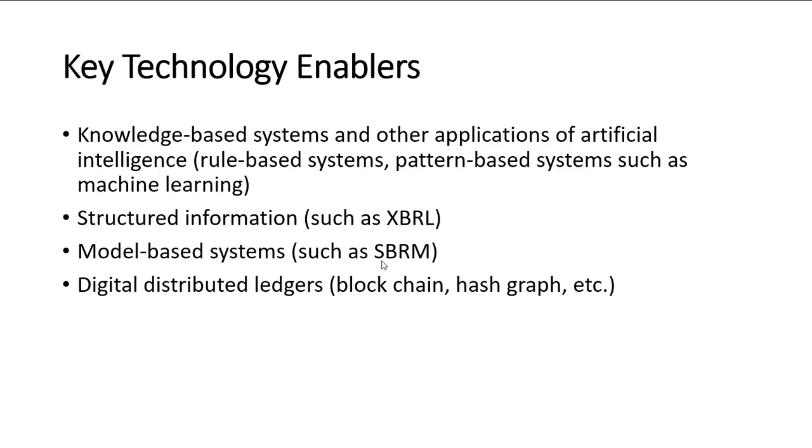Model-based systems, it's basically models to explain knowledge, such as SBRM, how it provides a logical conceptualization of a business report, and digital distributed ledgers, which basically make it so that more data is available to use with these systems.